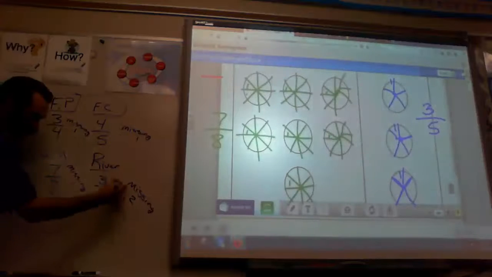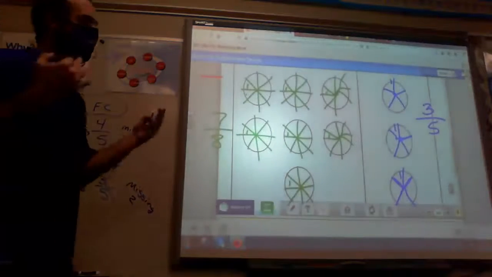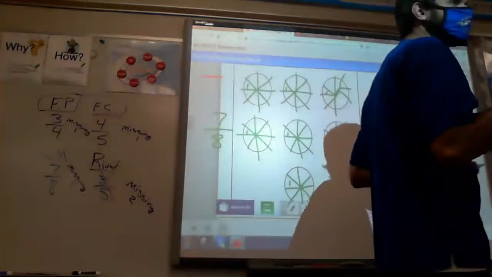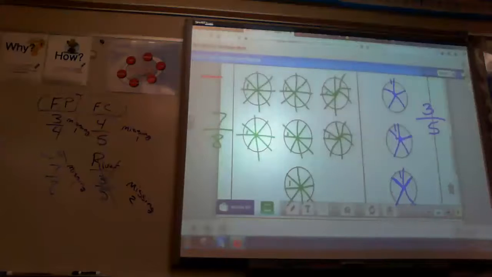So not Riverside. Did anybody have Riverside? Oh, thank goodness. No one had Riverside, or they're too scared to tell me they had Riverside. So now, what this comes down to is all the other ones are missing 1 piece. We want to know which one gets the most. So the question becomes, which is missing the smallest piece?